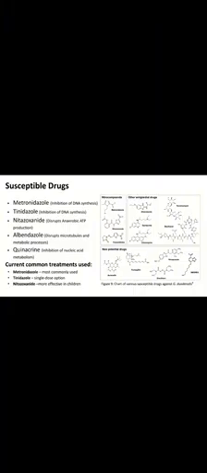Then there is albendazole, which will bind selectively to the beta tubulin of the parasite, which disrupts microtubule polymerization, cyst and trophozoite structural integrity, glucose uptake of the parasite, as well as cell division.